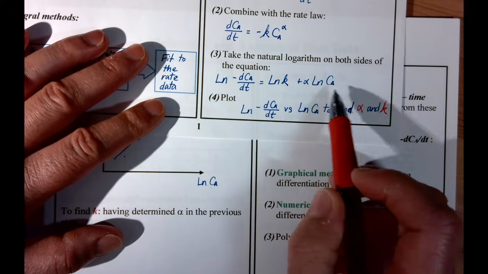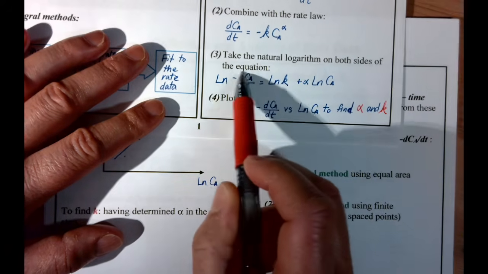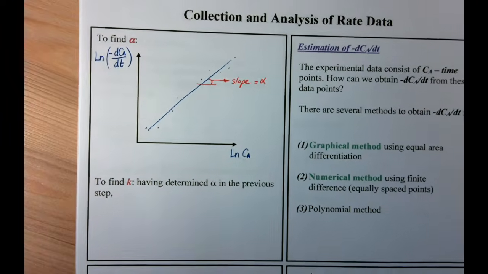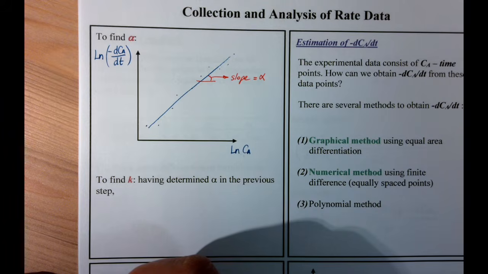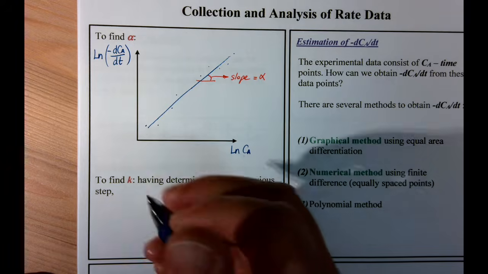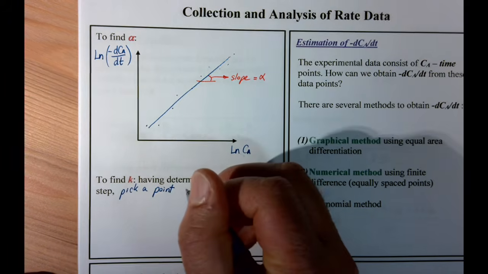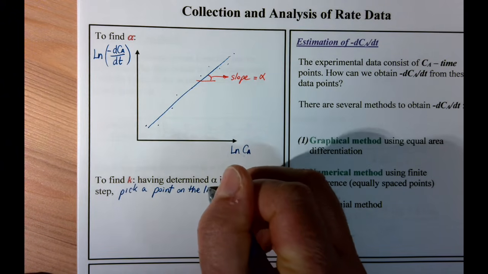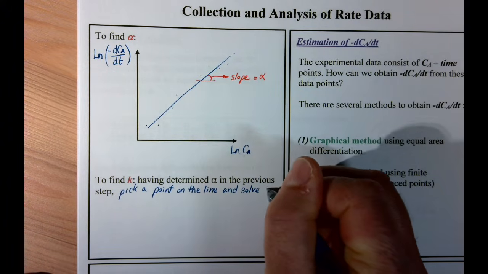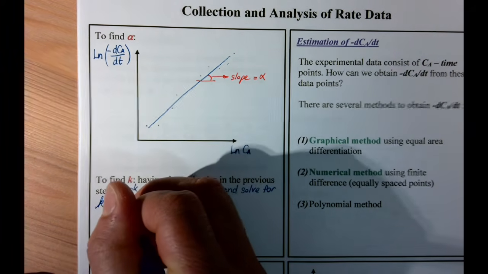This would be the slope for natural log of CA on the x-axis, natural log of minus dCA/dt on the y-axis. And to find k, once we have determined alpha in the previous step, all we would need to do is just pick a point on the line, any point on the line, and then solve for the value of k accordingly.